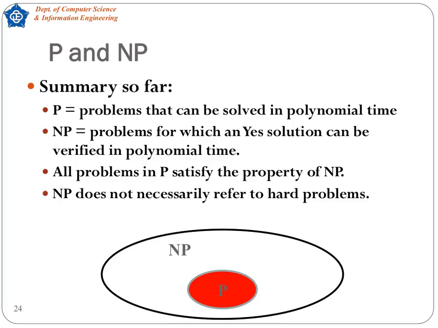Because any problem we can solve quickly, we can also verify quickly, every problem in P falls inside NP. That relationship is pictured by the smaller P circle nestled inside the larger NP oval. And remember, NP doesn't automatically mean a problem is hard. Some NP problems are easy, some may be tough, and we still don't know whether P equals NP.